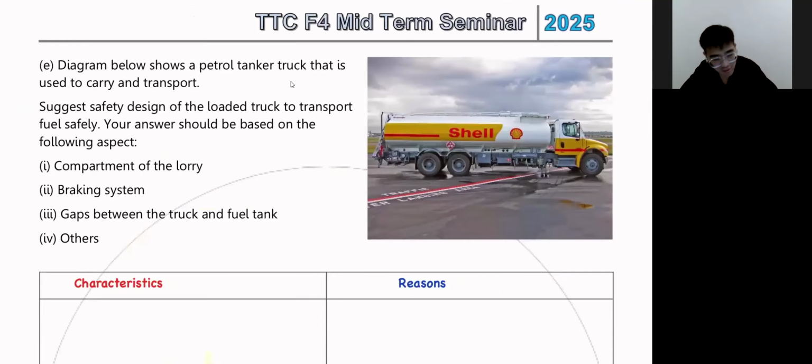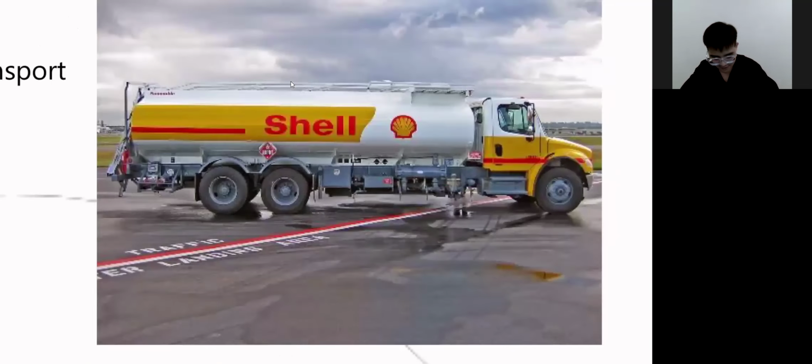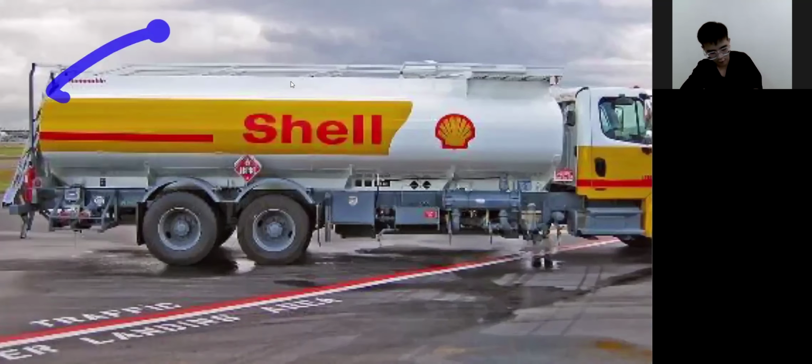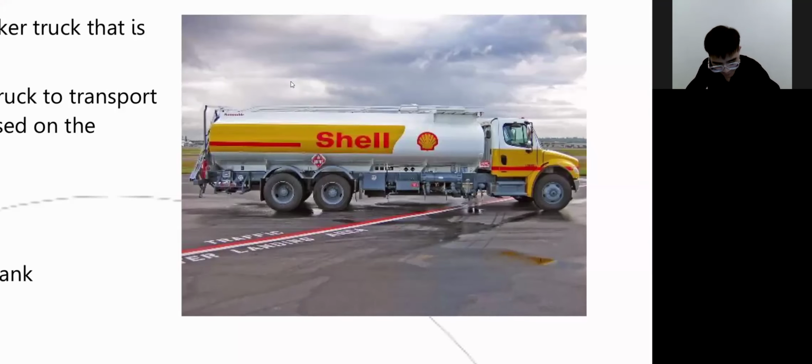If you remember what I discussed with you, let's say this is the tank of the oil tanker truck. Imagine this truck is moving forward. The oil inside the tanker will also be moving forward together with the truck.